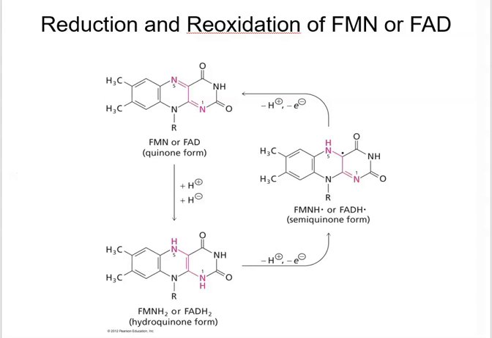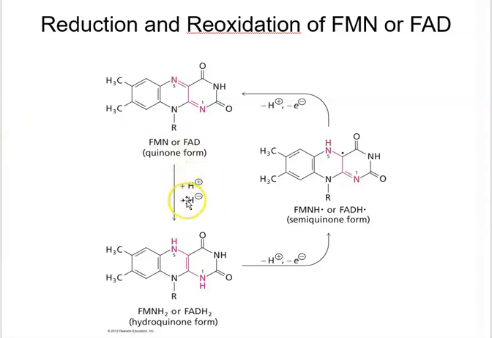ATP. FMN or FAD is another important cofactor, as it's used as a prosthetic group. So again, used in oxidoreductase reactions. These things are derived from riboflavin or B2 vitamin. And they're reduced by taking up a proton and 2 electrons.